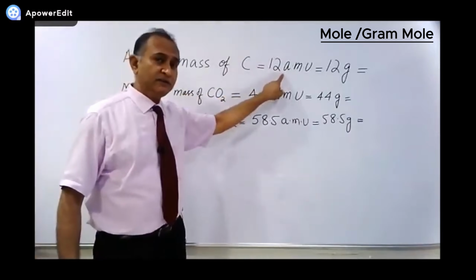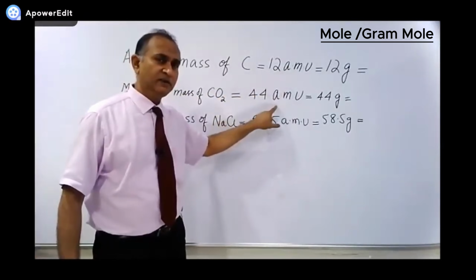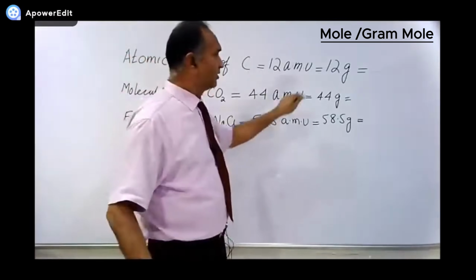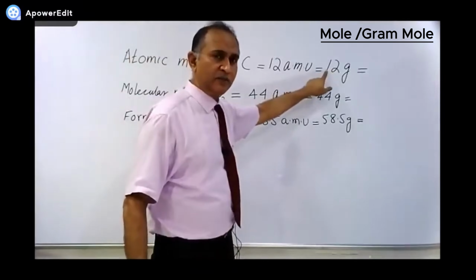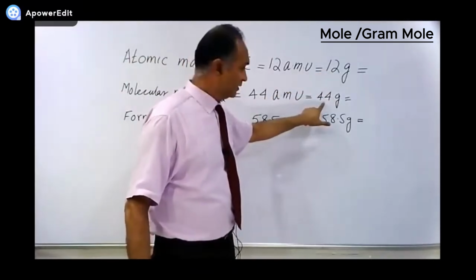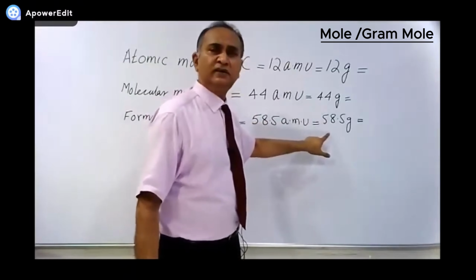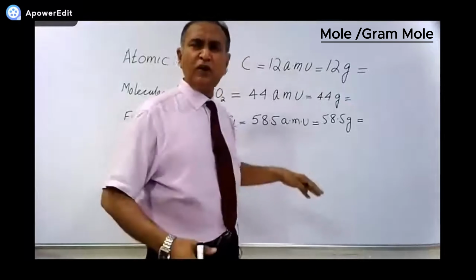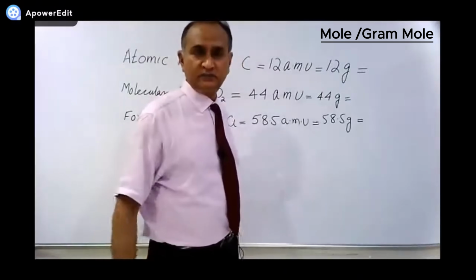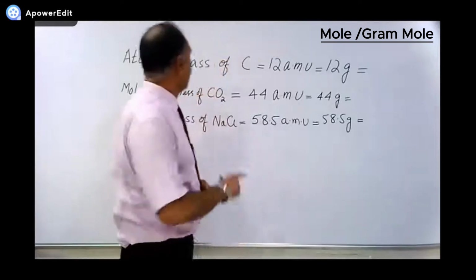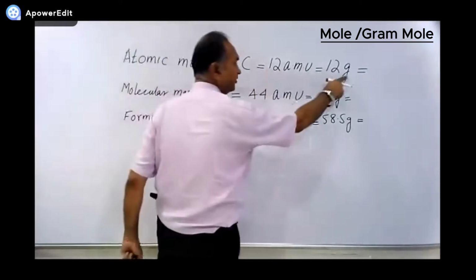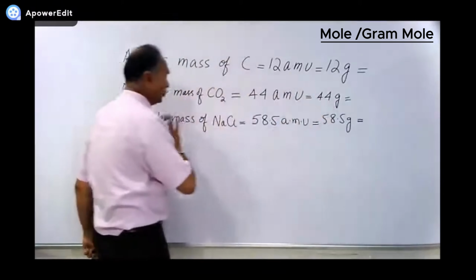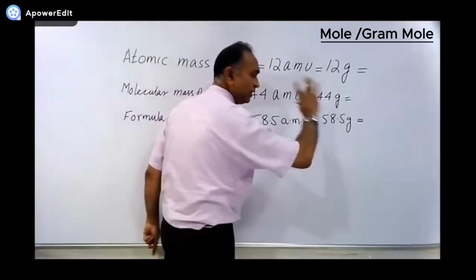Atomic mass, molecular mass, formula mass, showing them in grams: gram atomic mass, gram molecular mass, gram formula mass. Or instead of saying so many masses, simply call it molar mass. So you can say molar mass of carbon is 12 gram, molar mass of carbon dioxide is 44 gram, molar mass of NaCl is 58.5 gram.